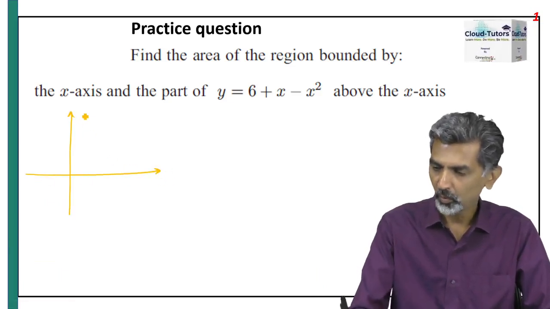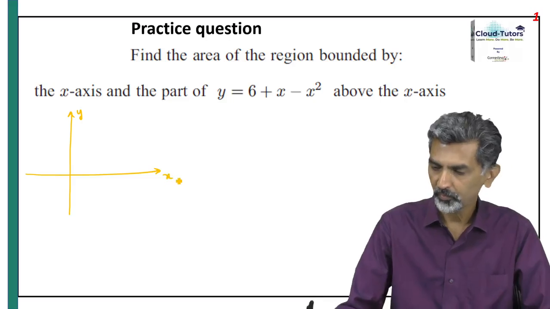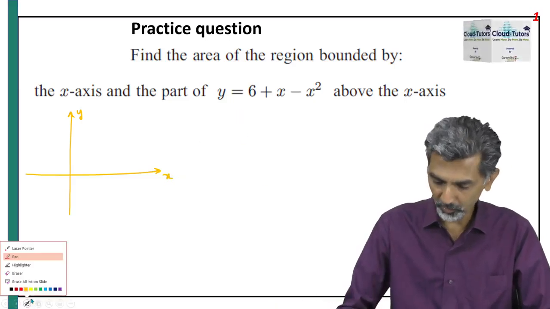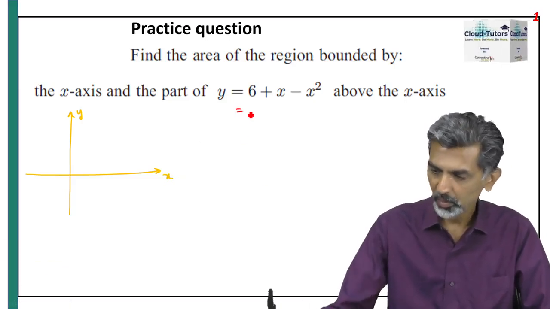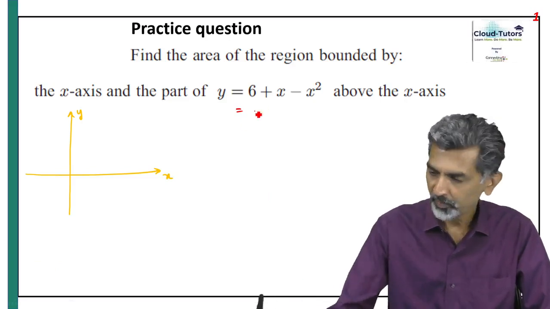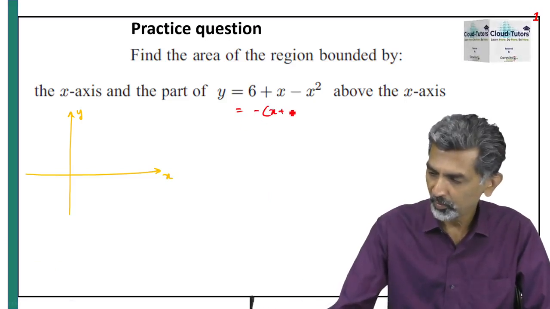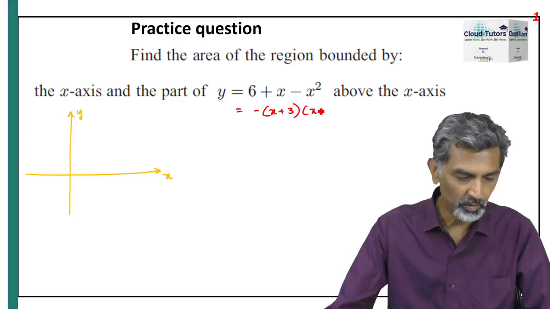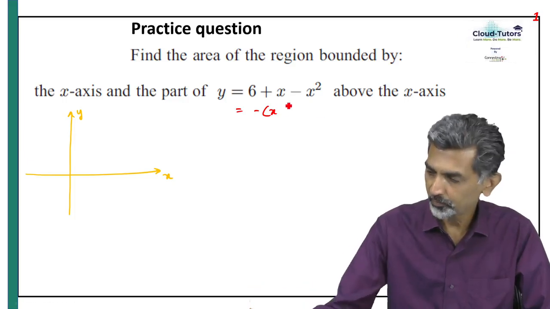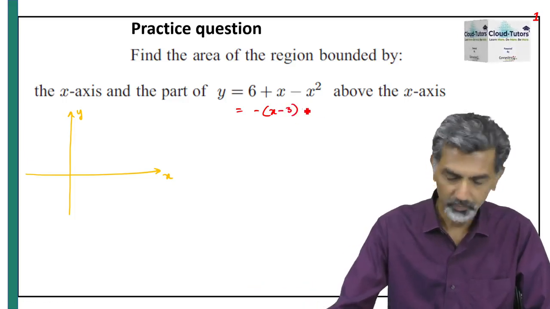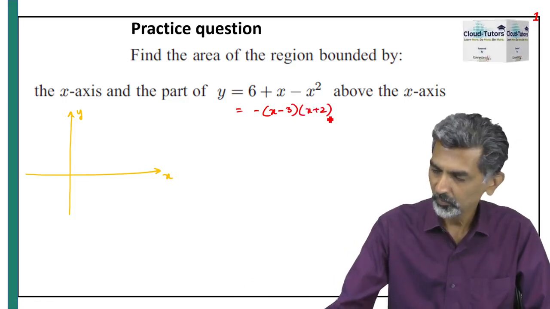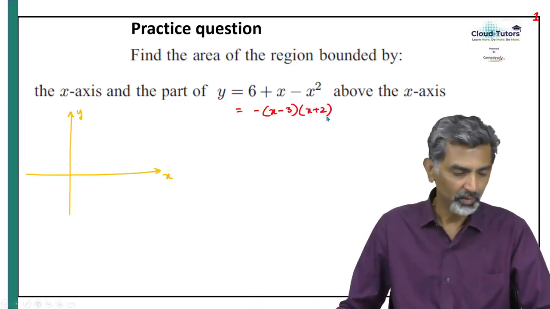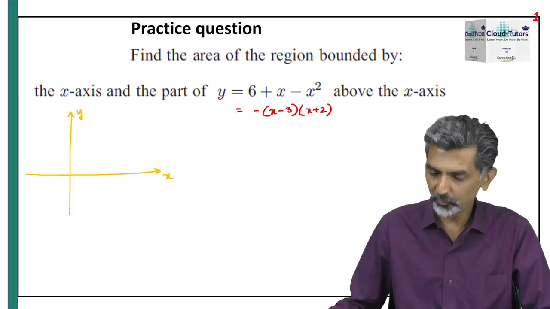These are the y and x-axis, and let's factorize the given quadratic expression, and we can write it as negative x plus 3, or rather, so the real roots are plus 3 and -2.